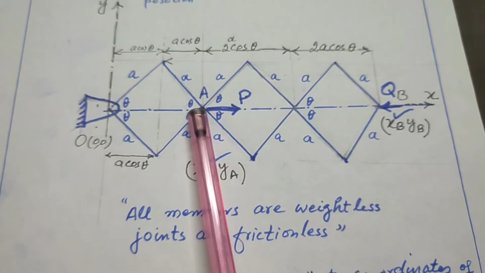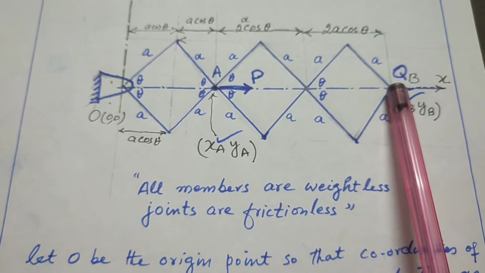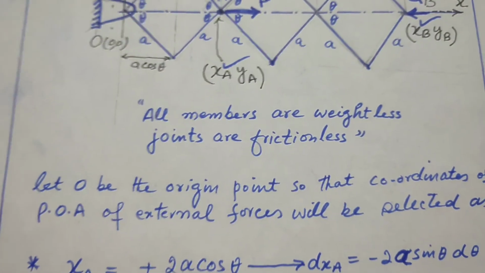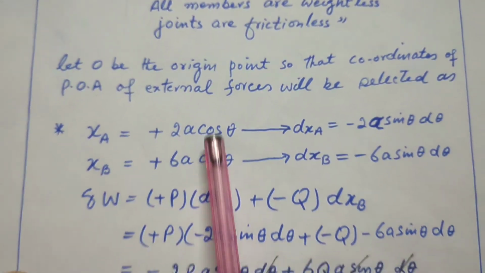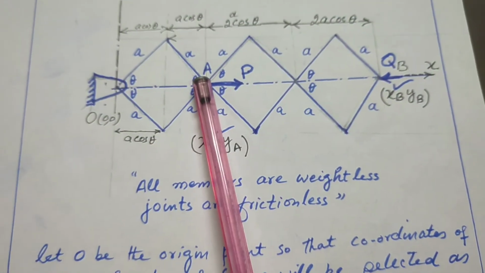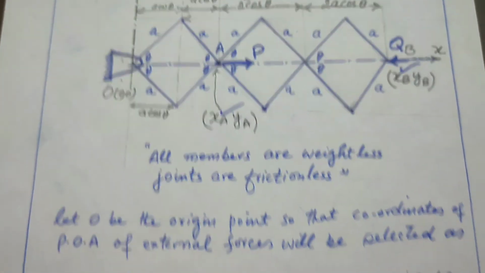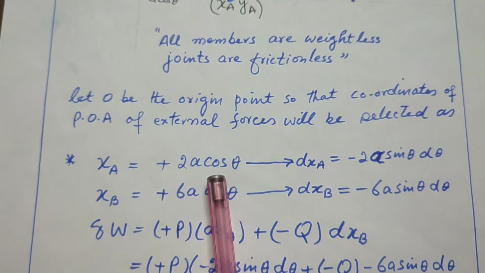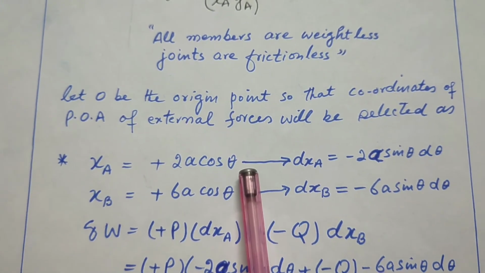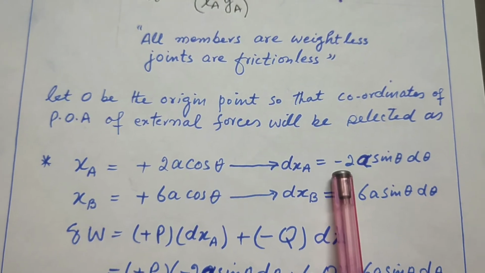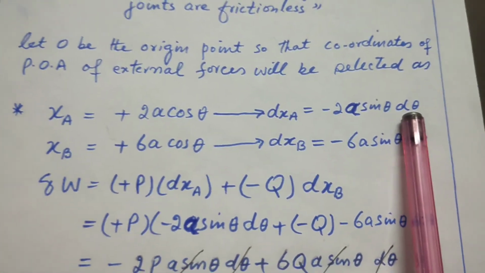So this point is A and this point is B. So XA is equal to 2A cos theta. This distance is A cos theta plus A cos theta, 2A cos theta. And if we differentiate this, dxa will be equal to minus 2A sin theta d theta.